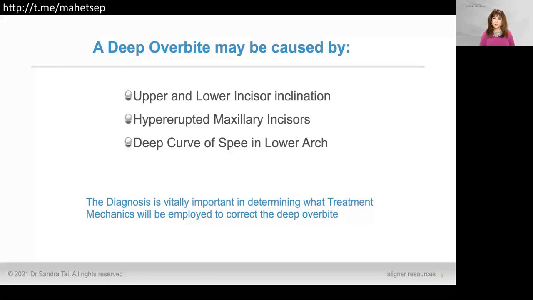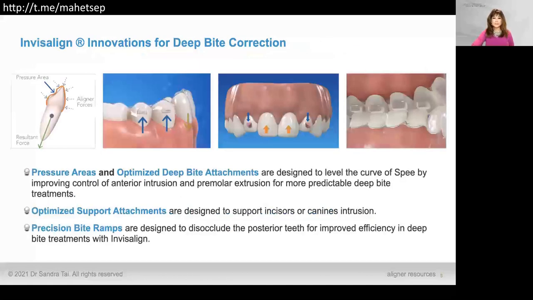The diagnosis is vitally important in determining what type of treatment mechanics will be employed to correct the deep overbite. So there are several innovations for deep bite correction. Pressure areas and optimized deep bite attachments are designed to level the curve of Spee by improving control of anterior intrusion and premolar extrusion for more predictable deep bite treatments.